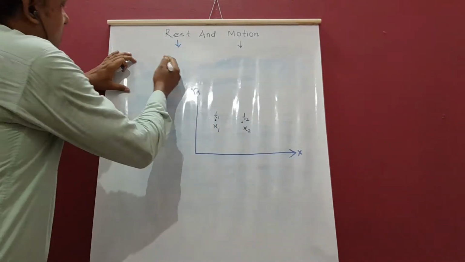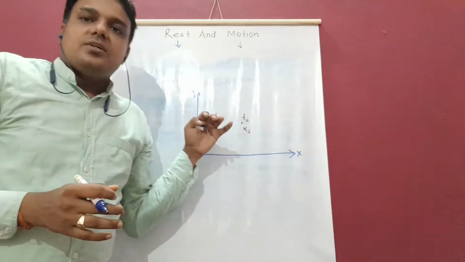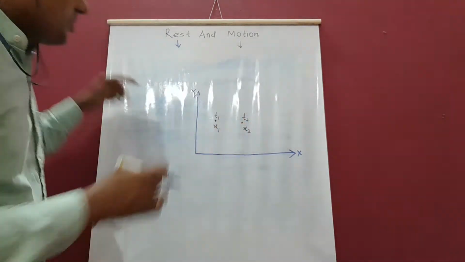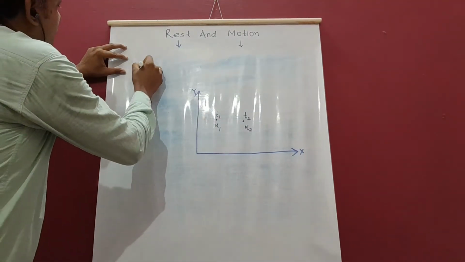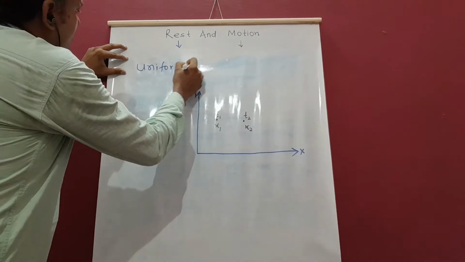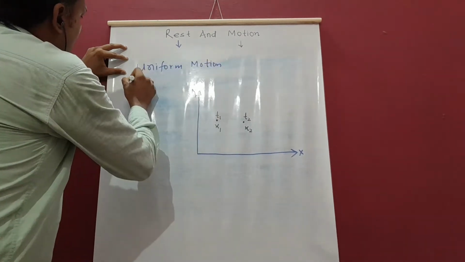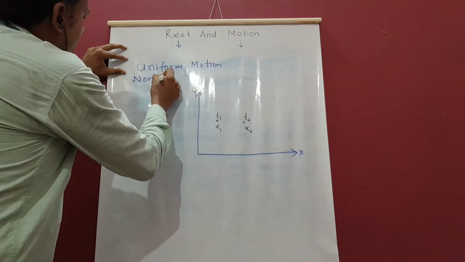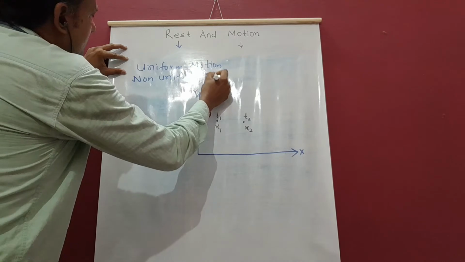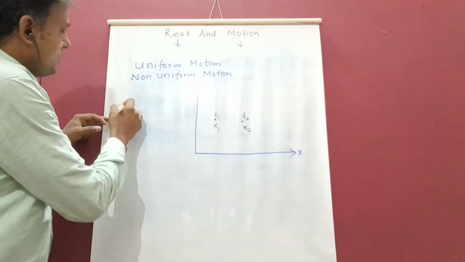Okay, one classification on the basis of change in position with respect to time is uniform and non-uniform motion. So what is uniform motion and what is non-uniform motion?